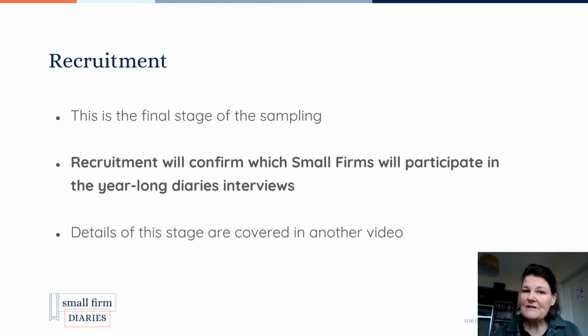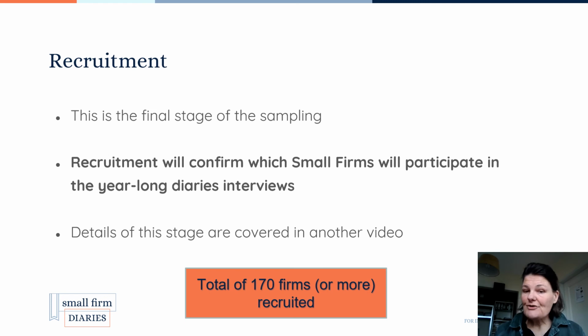You will approach them and you will go through some stages of consent process and you will explain everything. This is actually explained in another video by my colleague Guy Stewart. In total, there will be 170 firms recruited across the country, maybe even a little bit more.